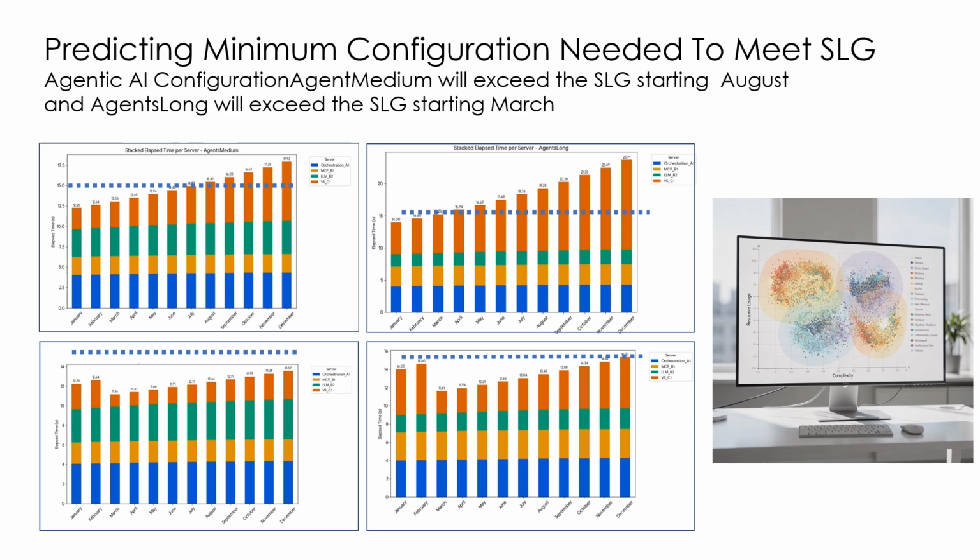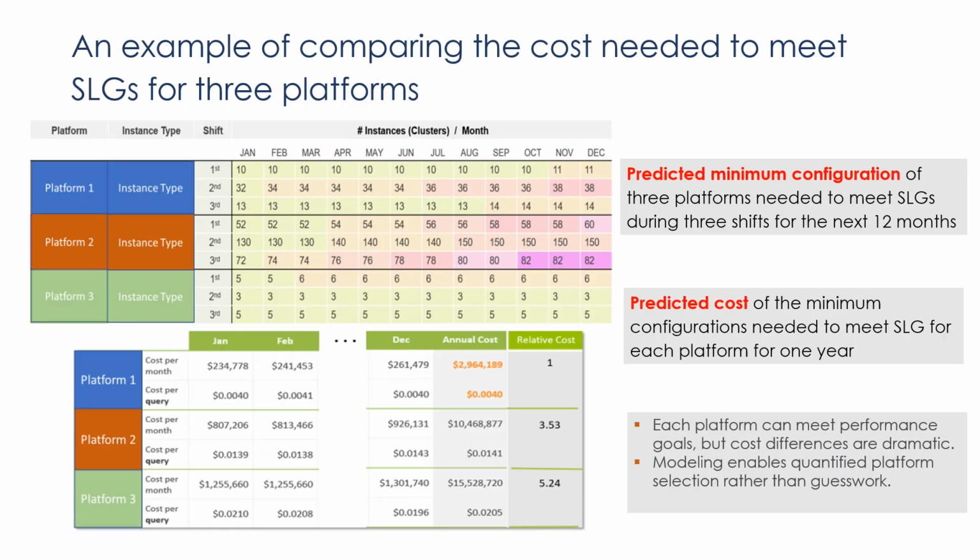But the second table shows the difference in cost required to meet the service level goal. And as we can see, the cost difference is really dramatic. So predictive modeling enables quantified cost performance comparison, not just guesswork.